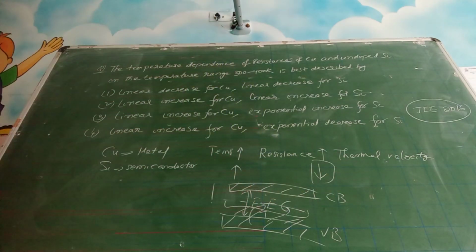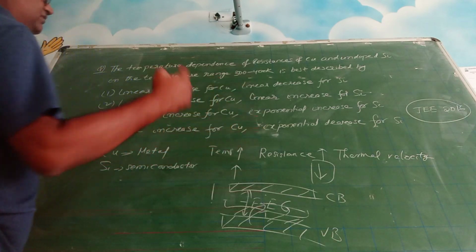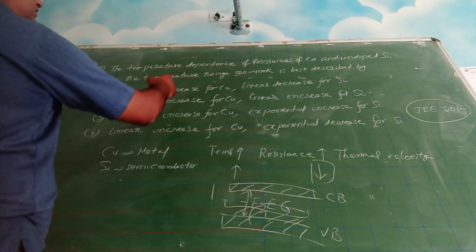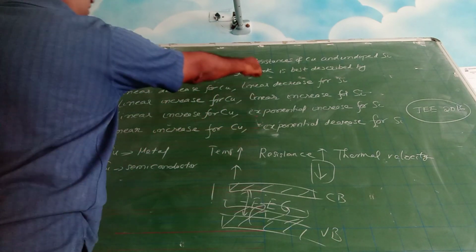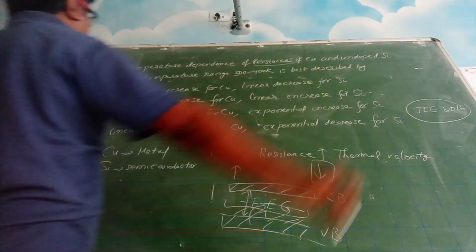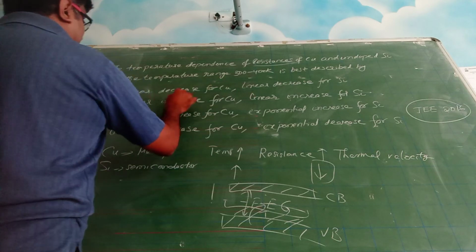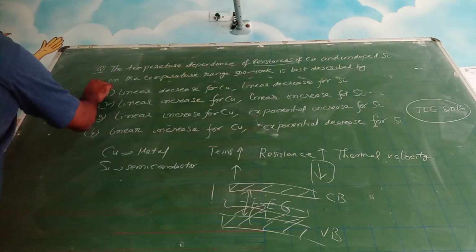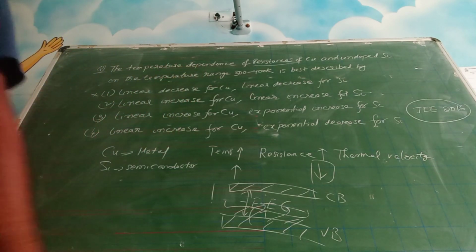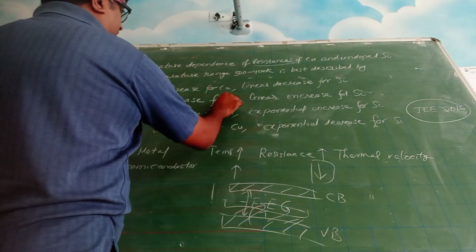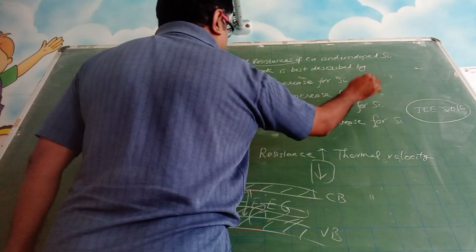So with the rise of temperature, he is talking about resistances. There will be a linear decrease for copper? Copper is a metal, it will increase, so that is wrong. Linear increase in copper, linear increase in silicon?